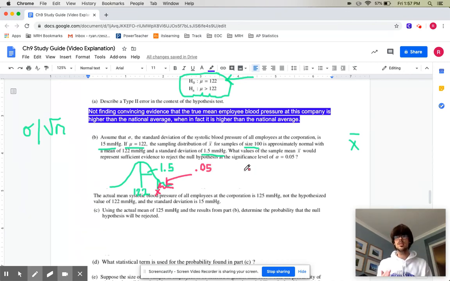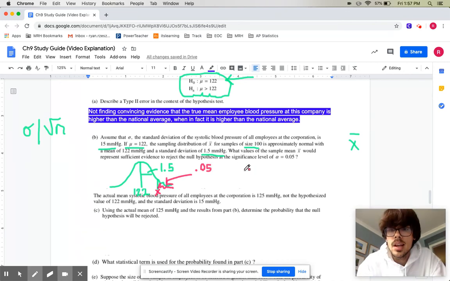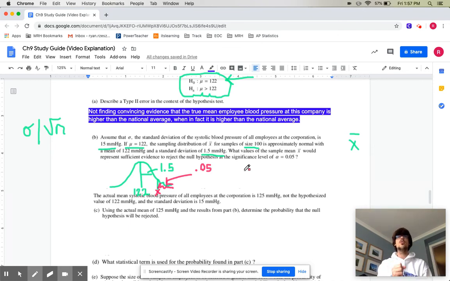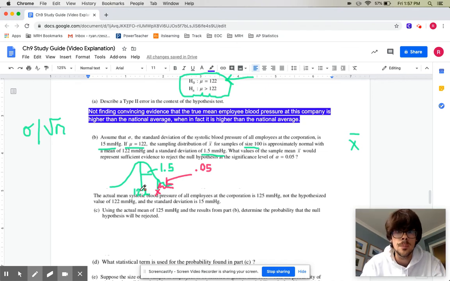So let me restate what this is saying right here. The question is asking us, in samples of size 100, if we take a sample mean from a group where the mean is actually 122, what value would it take for us to reject H0? So in order to do that, we would have to do an inverse normal on this problem, because we know that area is supposed to be 0.05 on the right side.